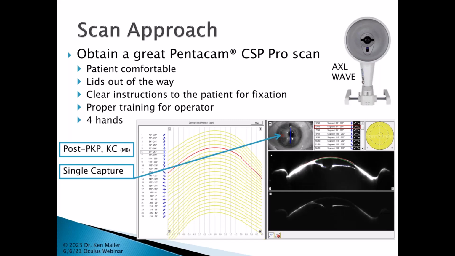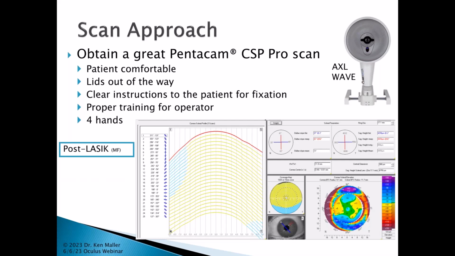That was so that you can see the cross-section right below that, in the vertical dimension, just how far the lids retracted off the corneal surface. Unfortunately, not every patient can get their lids that far out of the way in that vertical dimension, but because this patient was able to do that, and again, that was with help from the tech, this only really required one single scan to capture this.